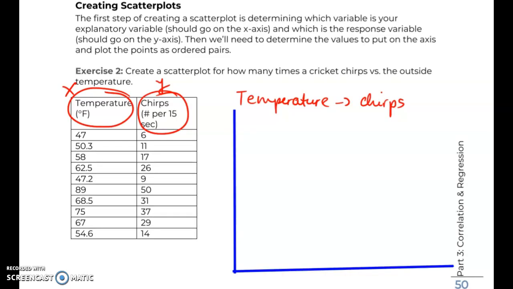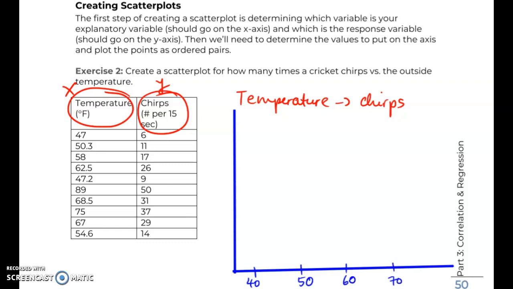All right, here I drew the x and the y-axis, and we're now going to label it. We're going to look at our temperatures, and it looks like our temperatures are no lower than 40 and no higher than about 70. So we're going to start by doing 40, 50, 60, and 70 over here.